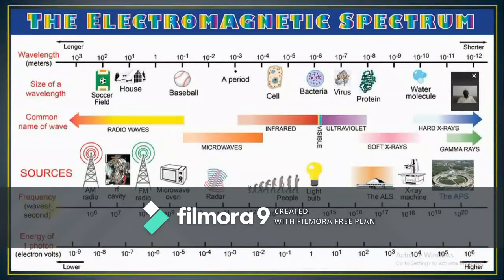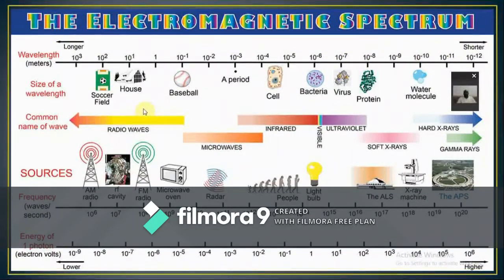The frequency is measured in waves per second and energy in electron volts. Both the frequency and energy are lower to the left and higher to the right, varying inversely with the wavelength, which is longer to the left and shorter to the right.